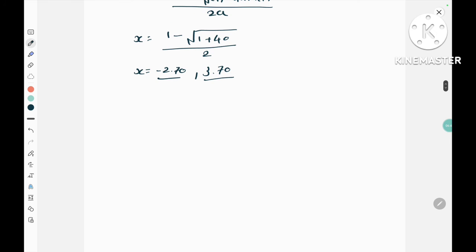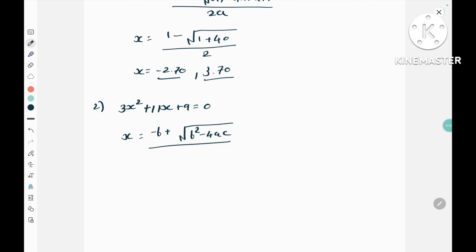Let's see one more example. Question 2: 3x square plus 11x plus 9 equals 0. Here x equals minus b plus square root of b square minus 4ac over 2a.